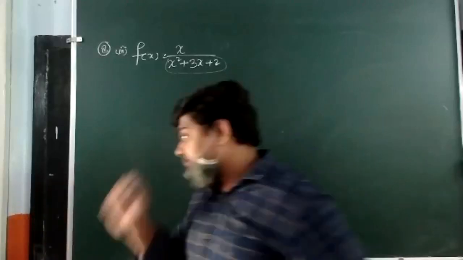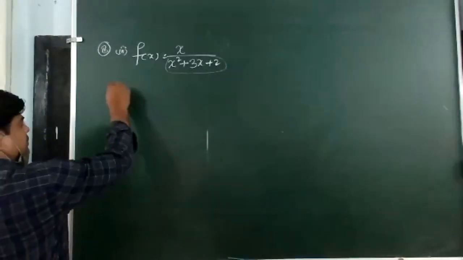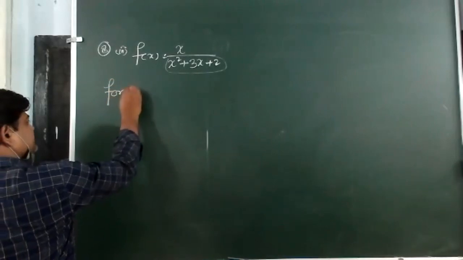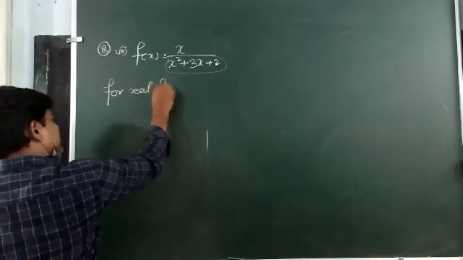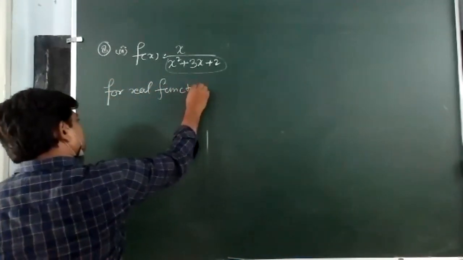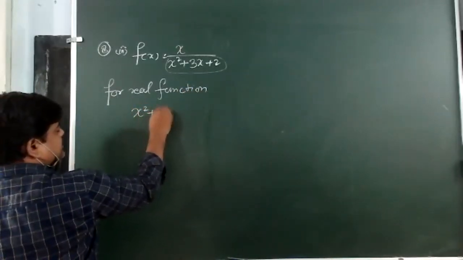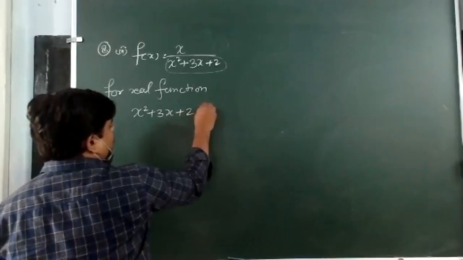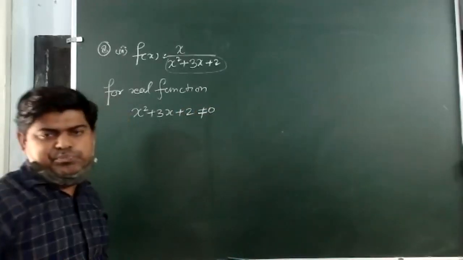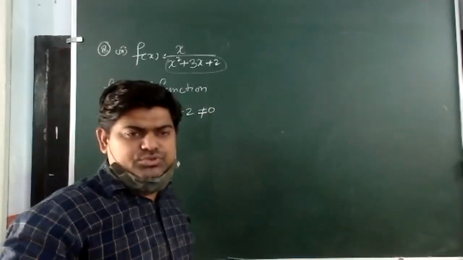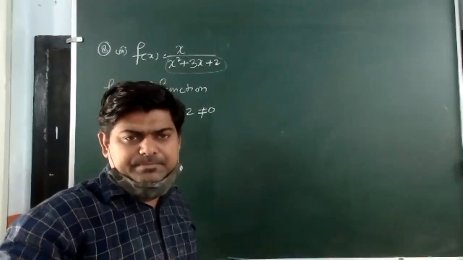Now listen to me. What can I write? For a real function, I can say x square plus 3x plus 2 should not be equal to 0. Should not be equal to 0. Am I correct?